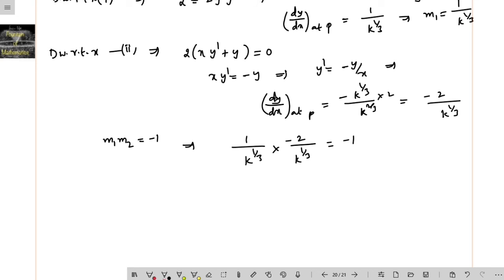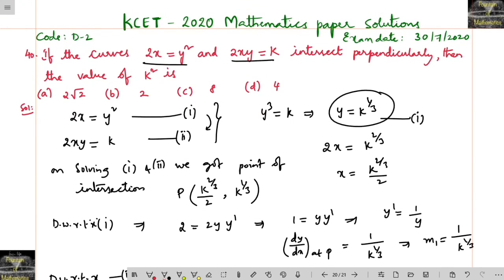Hence we can just solve it. Minus 2 comes here, k^(1/3 + 1/3) is k^(2/3) = 2, so k² = 2³. 2³ is 8, and hence we can say the k² value is 8. So which option, k² = 8? Third option. Hence the problem.